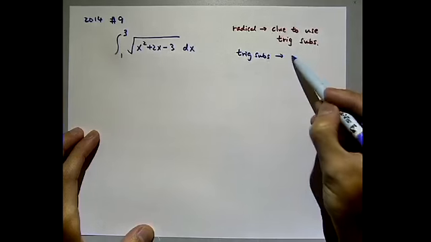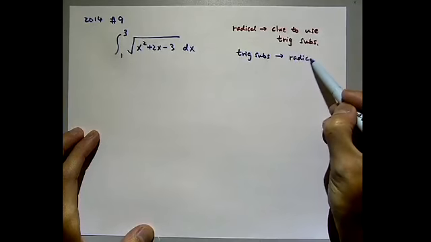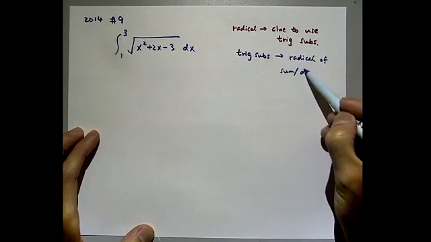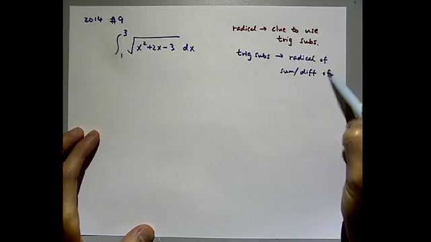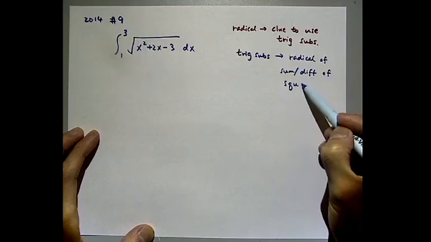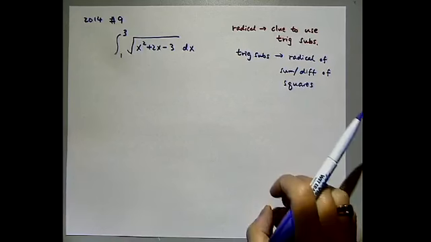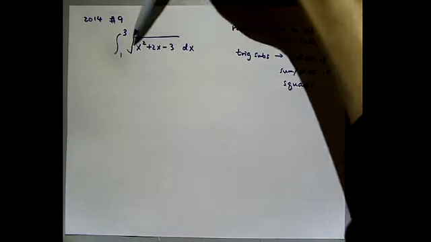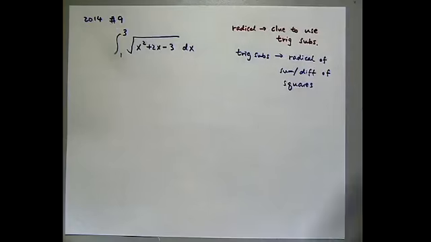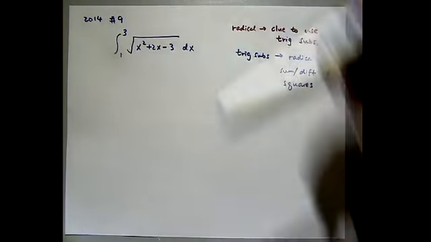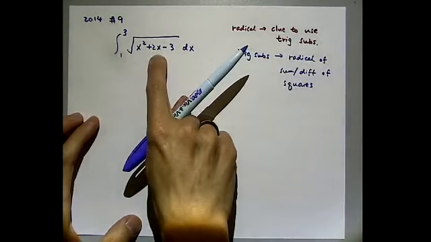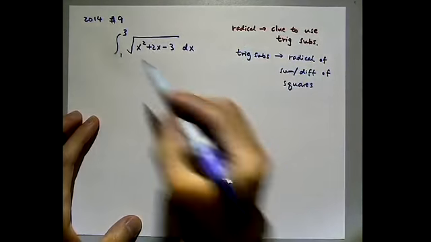But to use trig substitution, we need a radical of a sum or a difference of squares. Right? That's the other requirement to use trig substitution. But we don't have that here. This is not a sum or difference of 2 things squared. But we can make it that form by completing the square under the radical.